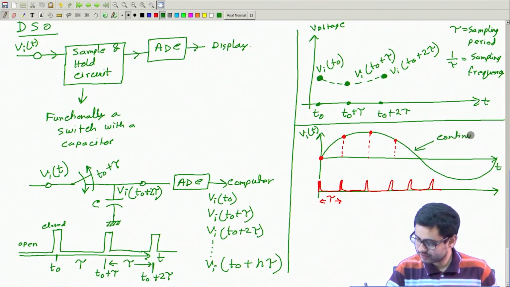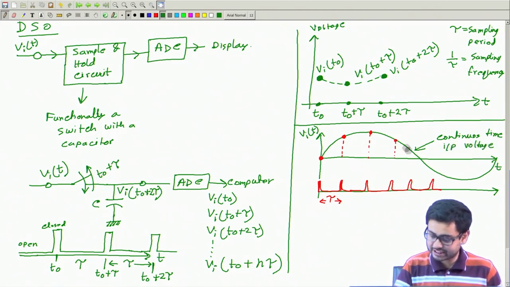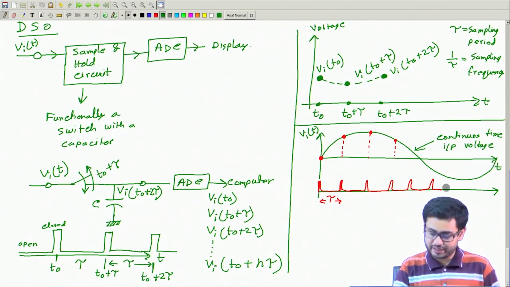This green thing is the continuous time input voltage. Why continuous time? Because it exists continuously for all values of time.